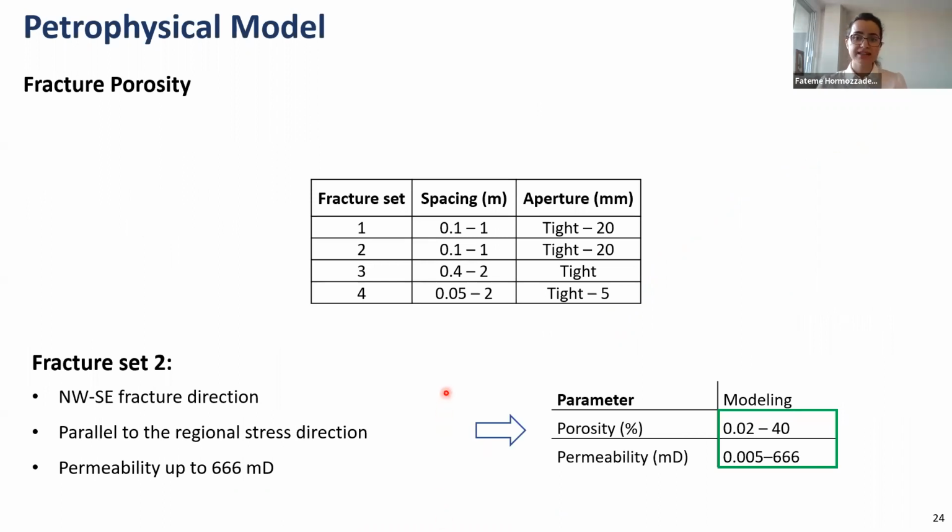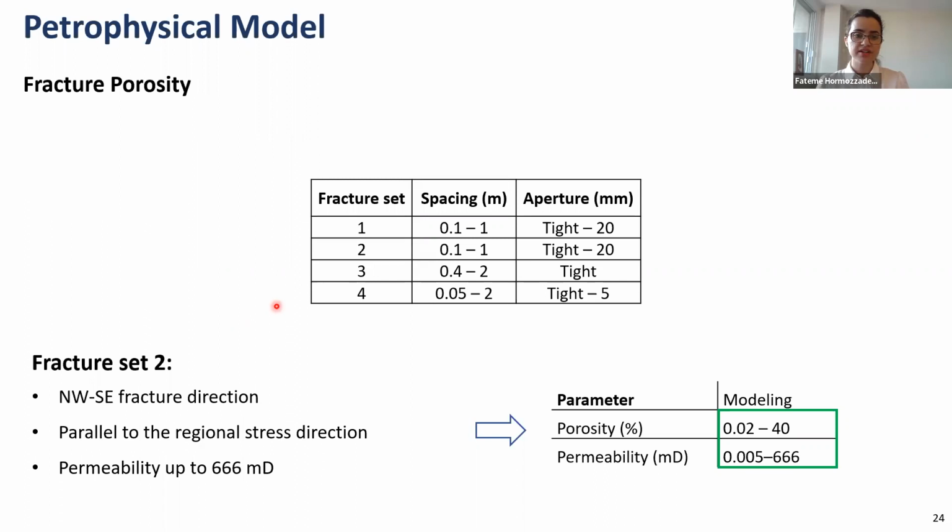As I mentioned, there's a porosity and permeability related to the rock matrix, and another porosity related to fractures. We already know that we have a highly fractured basement rock, so it shows the importance of studying fractures in the Meager area.